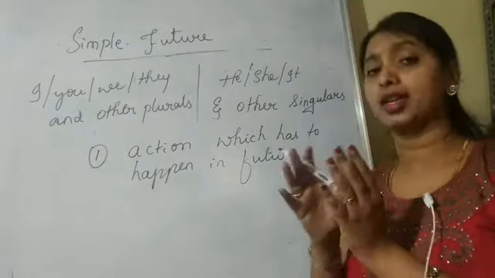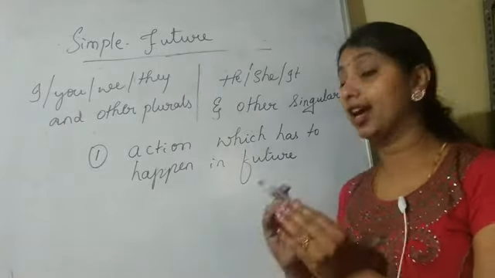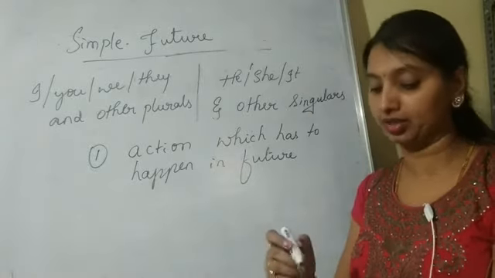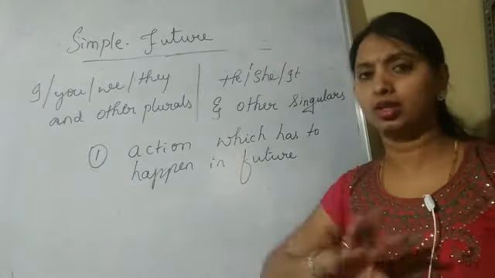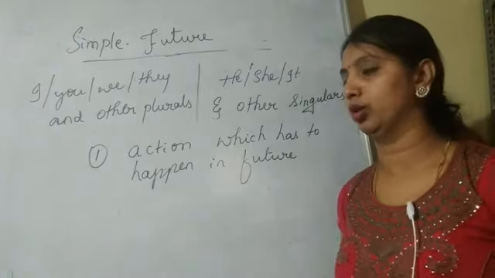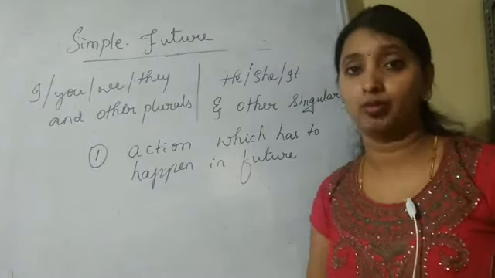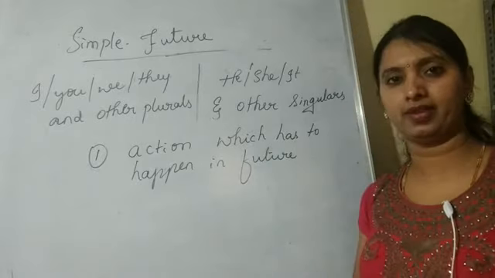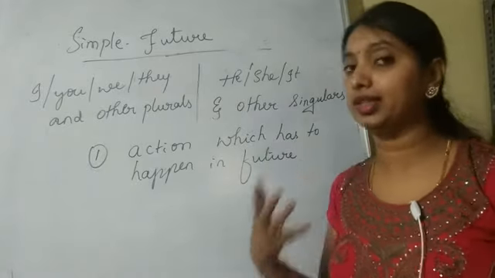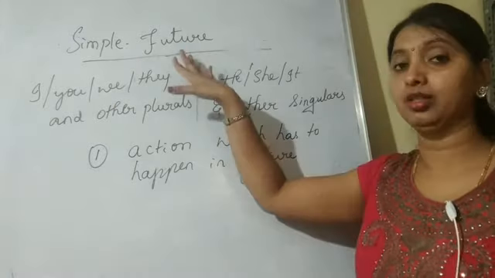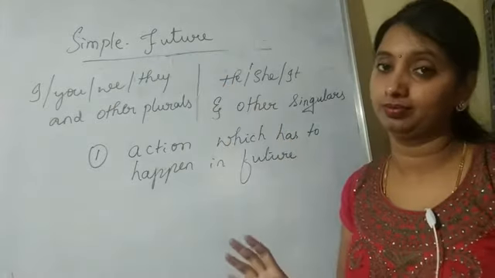So it hasn't started yet and it has to happen in future. Say, what will you do tomorrow? Now it hasn't started actually. What will you do tomorrow? Tomorrow I'll go to a park. I'll go to a movie. I'll go to a movie with my friends. So these are the things which will happen in future. So that comes under simple future.